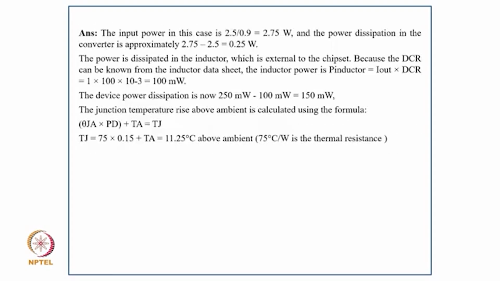So coming to the answer, the input power in this case is 2.5 divided by 0.9, so 2.75 watt, and the power dissipation in the converter is approximately 2.75 minus 2.5, that's 0.25 watt. The power is dissipated in the inductor, which is external to the chipset. Because the DCR can be known from the inductor data sheet, the inductor power is I out squared into DCR, that is 1 into 100 into 10 power minus 3, so that's 100 milliwatt.